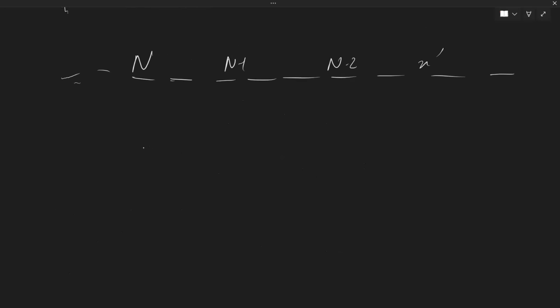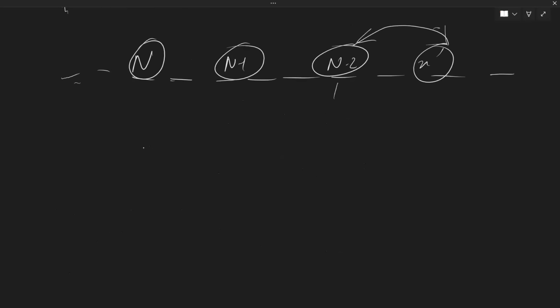I'll rewrite this again. So I had this thing. N was maximum for here, n minus 1 was here, all the way up till n minus 2, something here, and x dash is coming here. I can rearrange these among themselves, but I cannot rearrange this among this. Why?